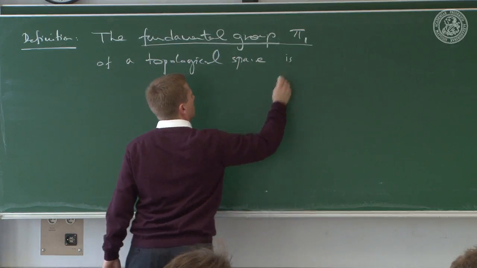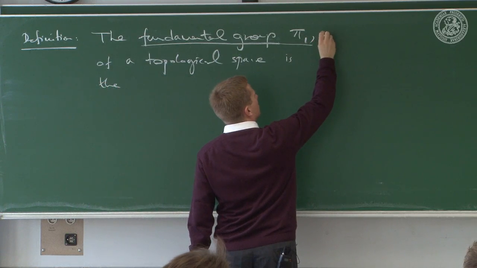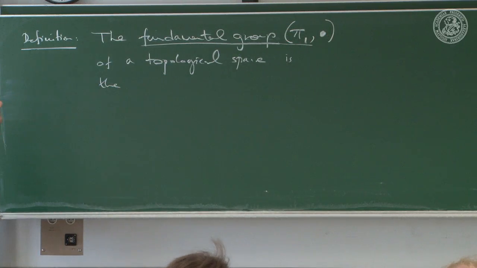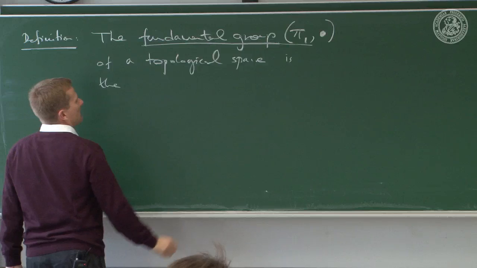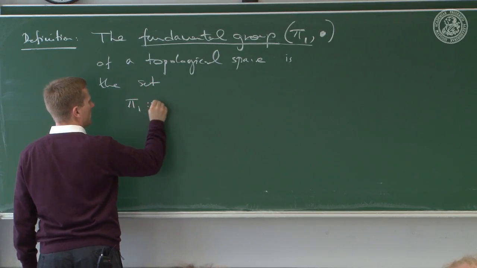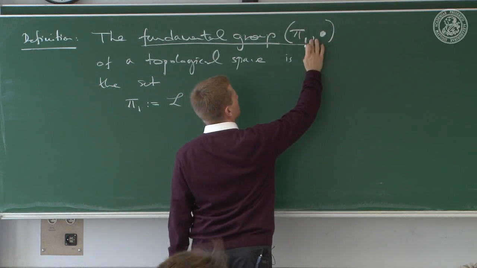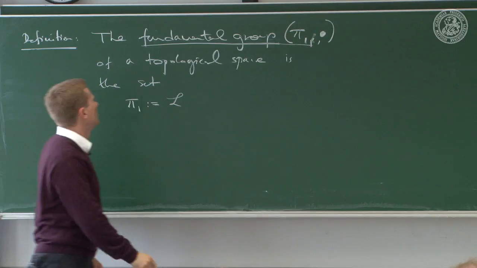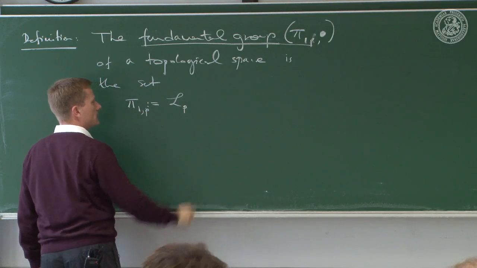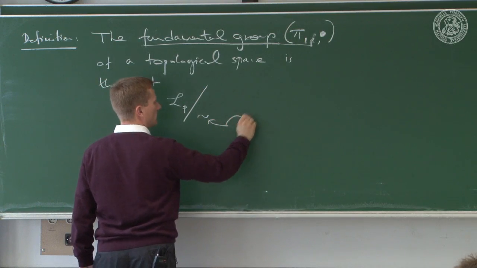is the set. Okay, a group must be a set together with an operation, and the operation is called blob. Of a topological space is the set. Well, what's the set? It's the fundamental group at a point, to be precise, at a point. It is the set pi 1 at a point, the loops at that point, quotient space the homotopy.